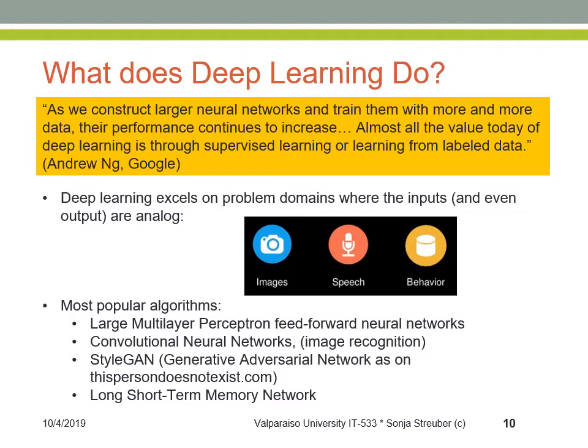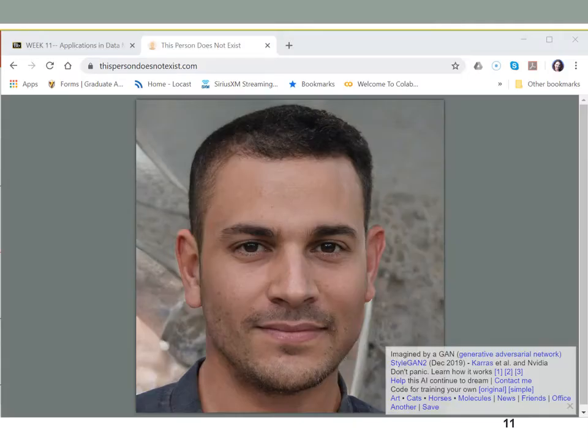We have convolutional neural networks that help us with image recognition. We have generative adversarial networks that apply patterns to a whole lot of input images and from there construct new images. And we also have long short-term memory networks. But to continue with generative adversarial networks, perhaps you've seen this website, thispersondoesnotexist.com.